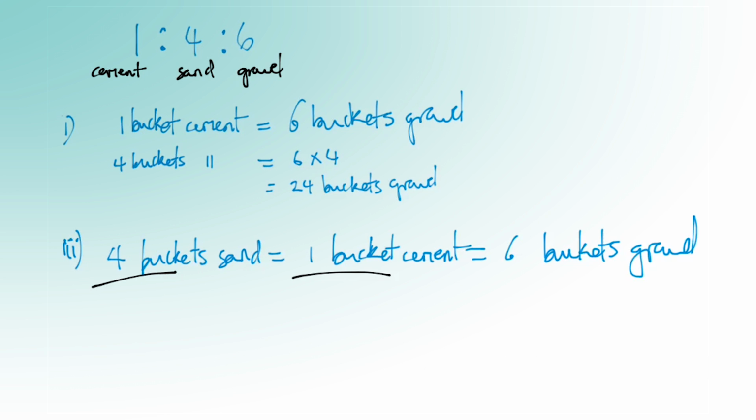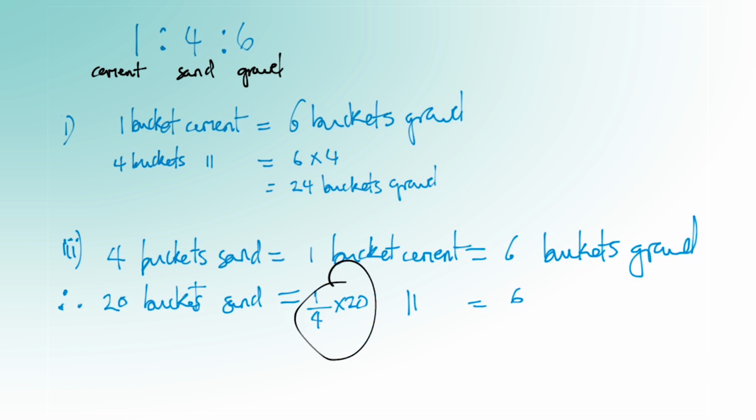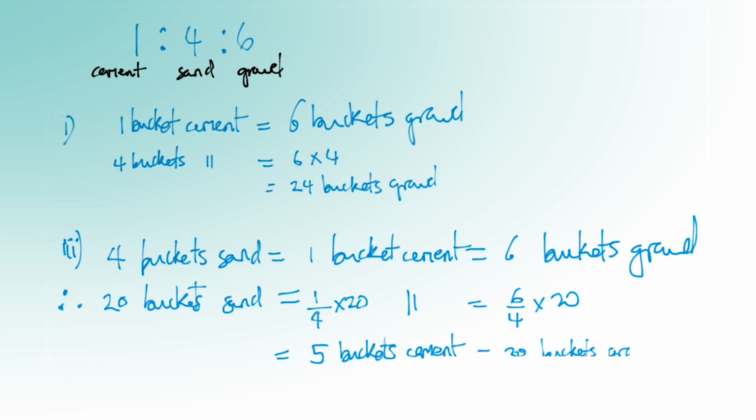So what about if we had 20 buckets of sand? It'll be 1 over 4 by 20 and then 6 over 4 by 20. Remember we talked about this? Finding for 1 and then multiplying by however much you need. So this is going to be 5 buckets of cement, and 30 buckets of gravel.